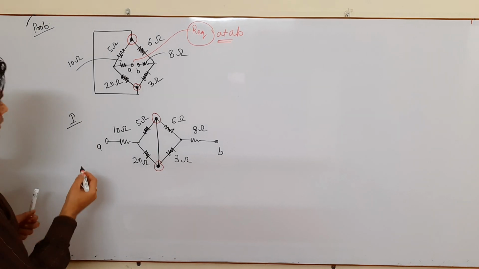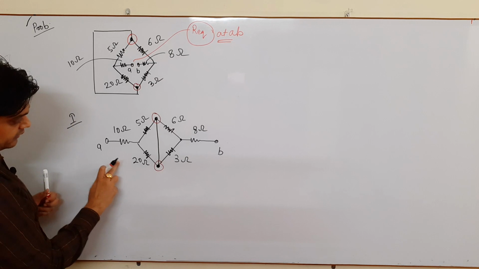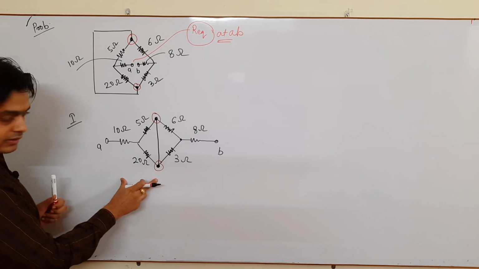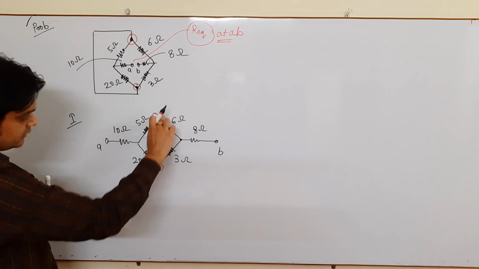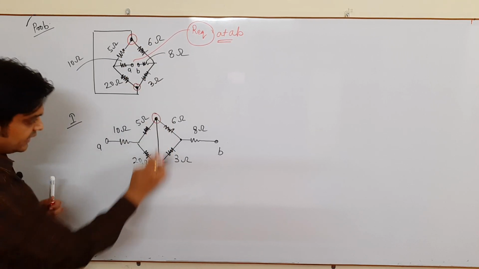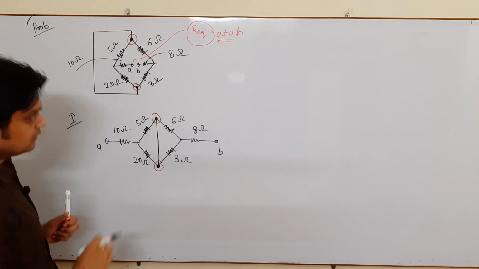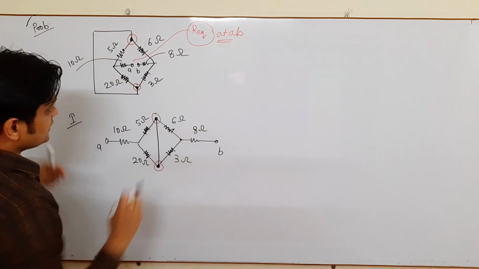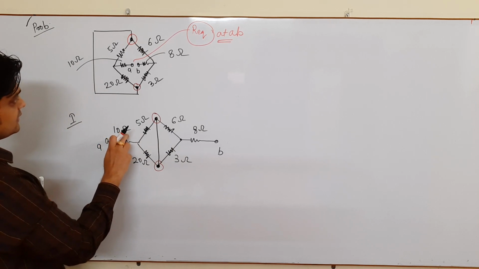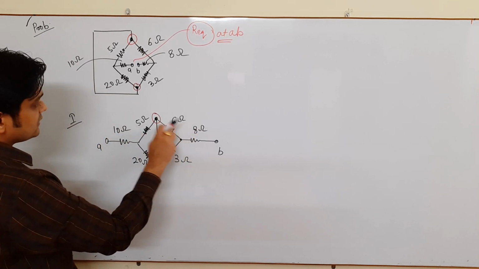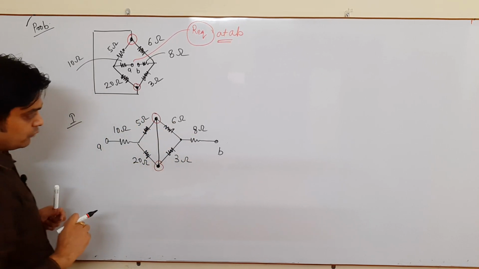See, I have directly connected these two nodes, and I stretch these two nodes again as A and B, where this is 10 ohm, this is 8 ohm, this is 6, this is 5, this is 20, this is 3 ohm.